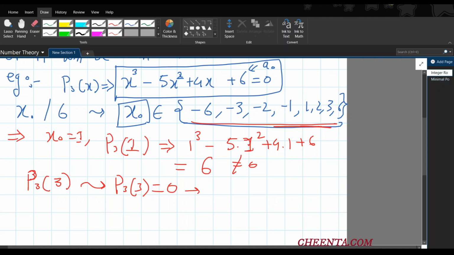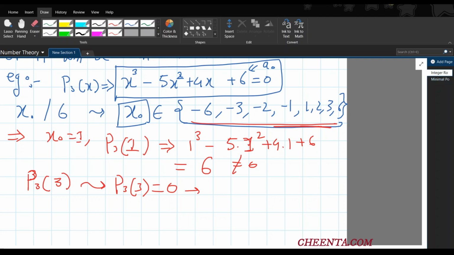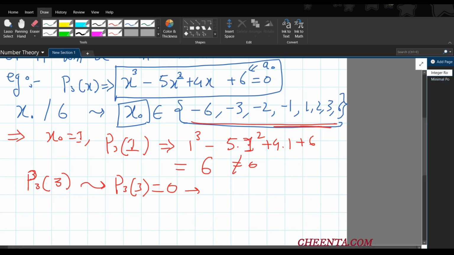Now you can think that this is pretty lengthy and we already have formulas for cubic equations. Yes, we do, but sometimes you have to solve equations of degree 1000 or 80 or maybe 70 or maybe 10. There are no formulas for any polynomial of degree 5 or higher.